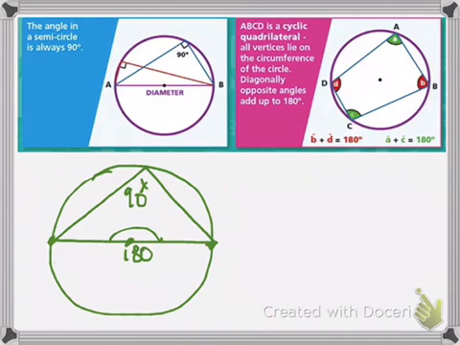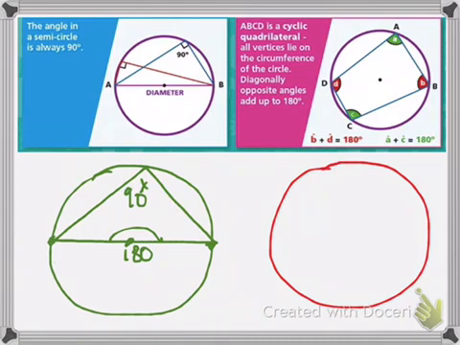Rule 4, a cyclic quadrilateral. The opposite angles of a cyclic quadrilateral add to 180. You're going to get some questions where you will have 2 quadrilaterals inside it. In a cyclic quadrilateral, all 4 vertices, which are the corners, must touch the circumference.